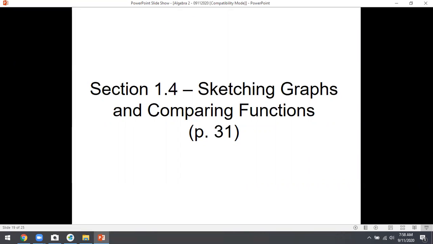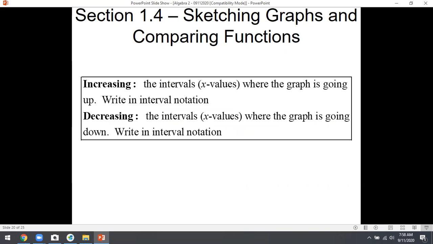First thing I want to talk about, it's not formally in your book, but it'll be on your test, so let's talk about it, is something about just increasing and decreasing. And it's such common sense what I'm talking about. If I'm saying where's something increasing, I mean where is it going up? You know, when's a graph going up, essentially? And if I'm asking when something's decreasing, I'm asking where it's going down.